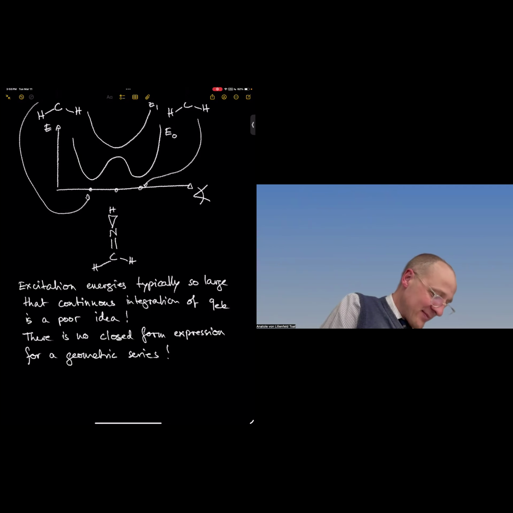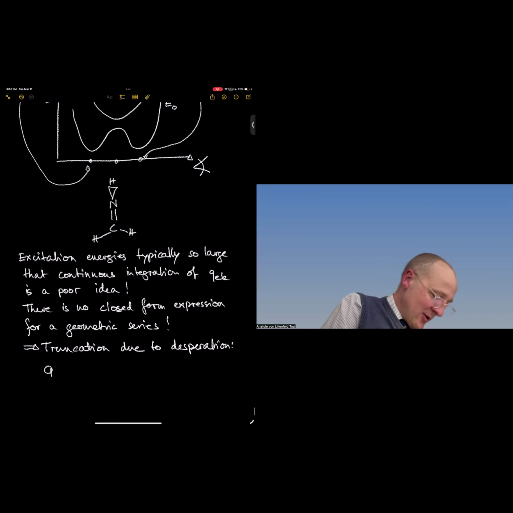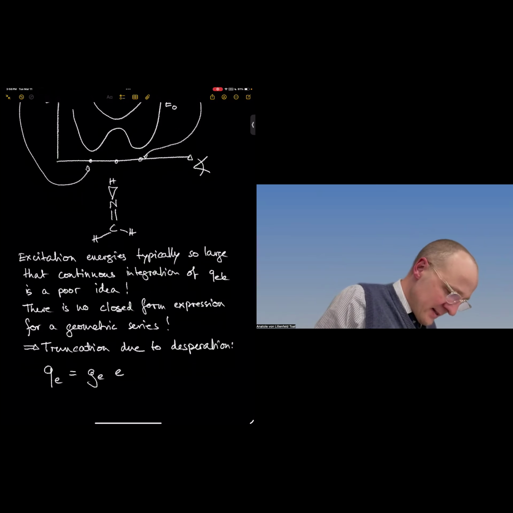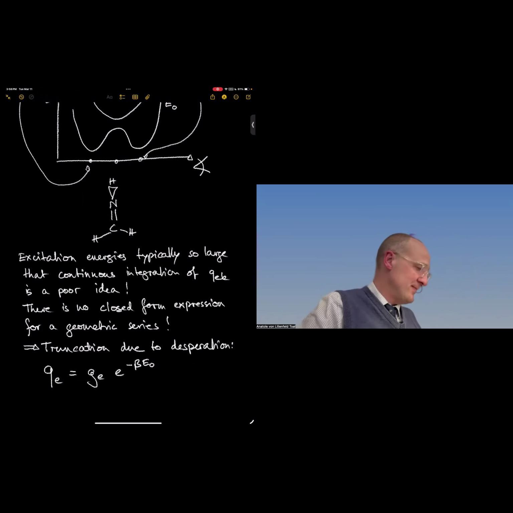Okay, so truncation due to desperation, and we say our QE is simply, and we take here a factor in front for degeneracy, right? Your lowest state can be degenerate, times e to the minus beta E0.